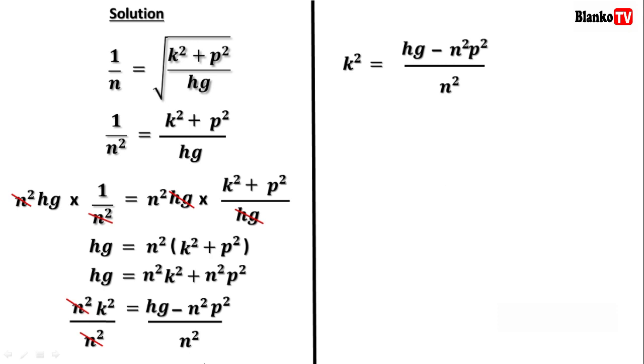Okay, so now to make k the subject, we take the square root of the left hand side and then we take the square root of the right hand side so that we can get rid of this square. So when we do that, we are going to get k equals the square root of hg minus n square p square over n square.